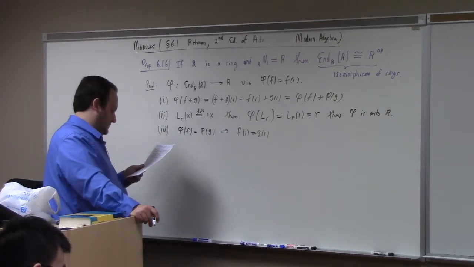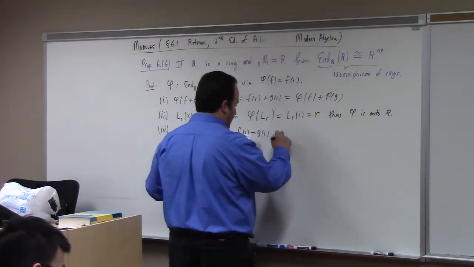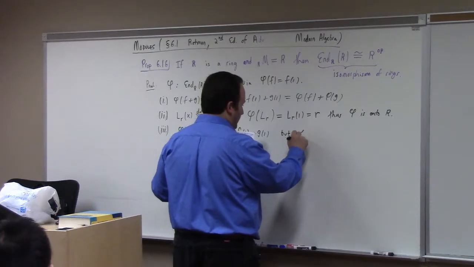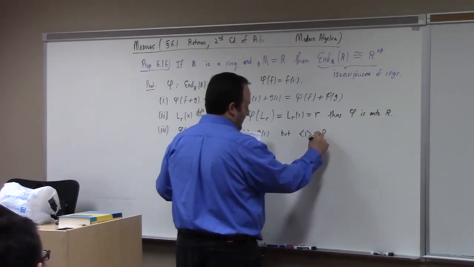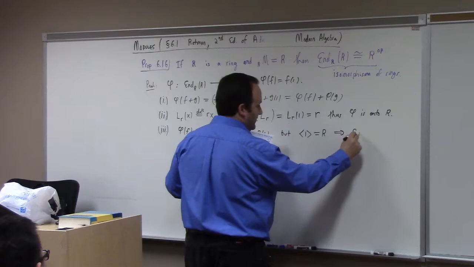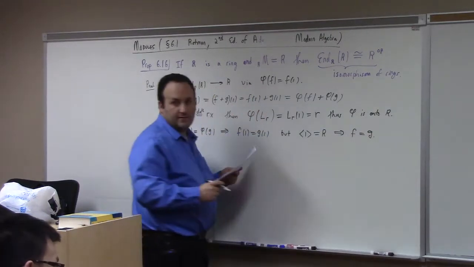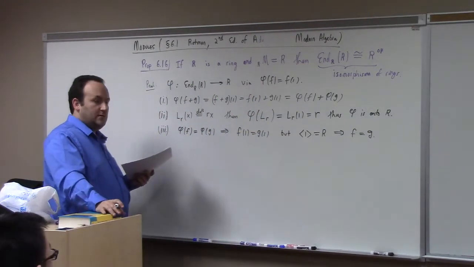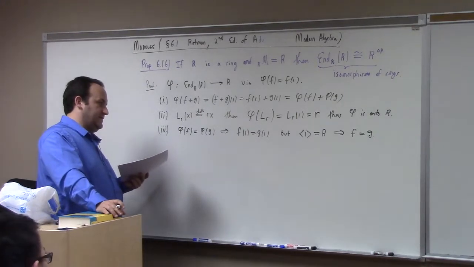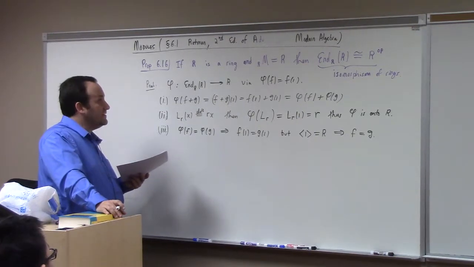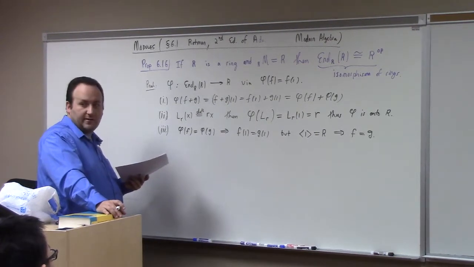But the 1 generates the ring, and that implies that f is equal to g, right? So if two functions are equal on a generating set, then that implies the equality of the functions on the ring, right?